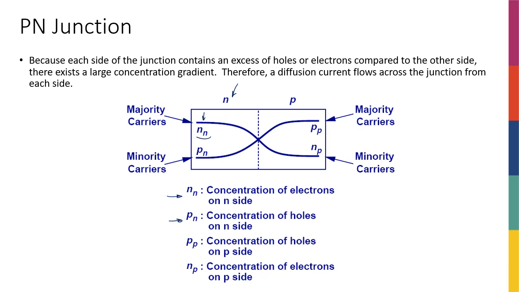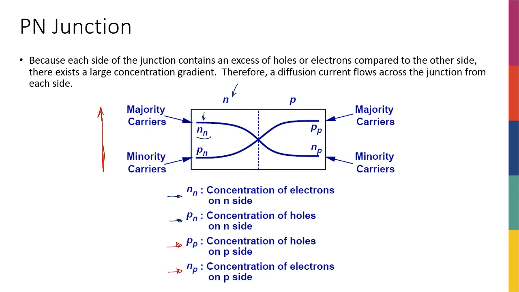You can think of the y-axis here being the density of charge carriers, so the higher you are, the higher density you're going to have. On the P side, things are exactly the opposite. P sub p, which is the concentration of holes on the P side, is sitting much higher than N sub p, which is the concentration of electrons on the P side.